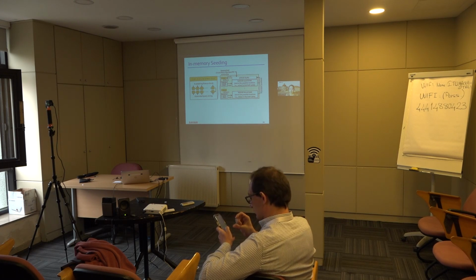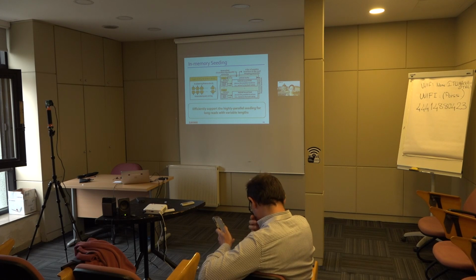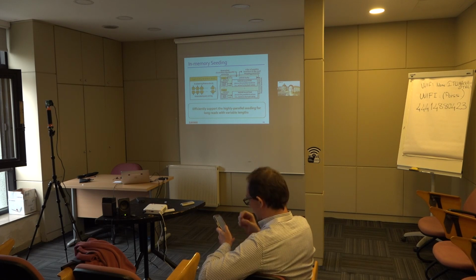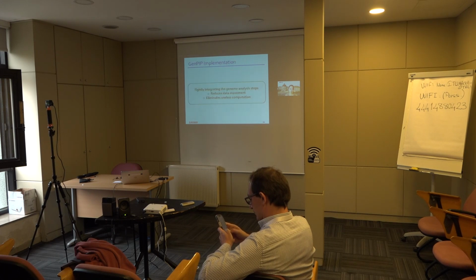Then we send the possible locations back to the eDRAM buffer and forward them to the remapping controller. So it can efficiently support highly parallel seeding for long reads with variable lengths.